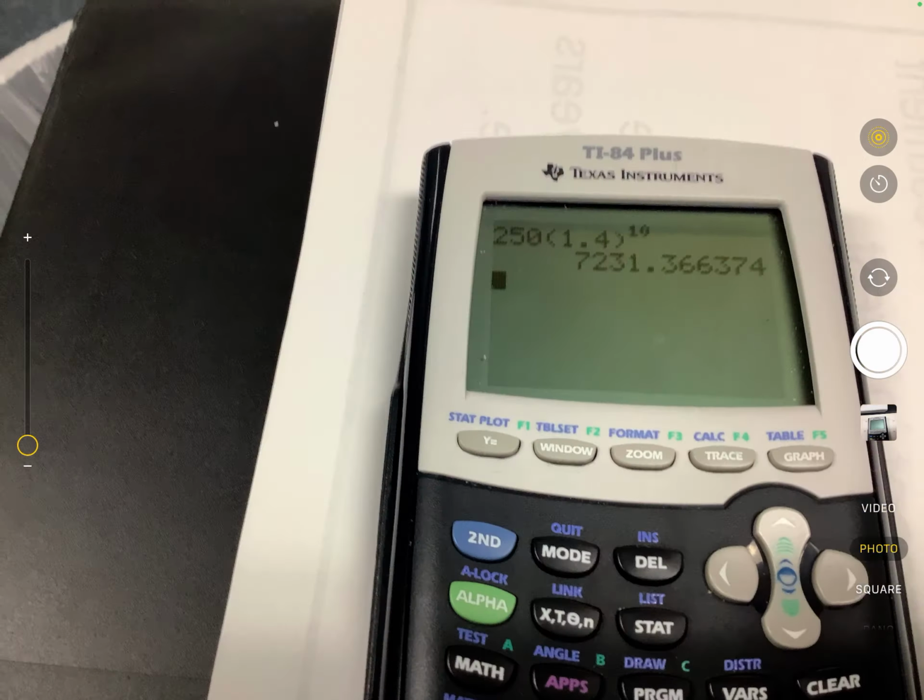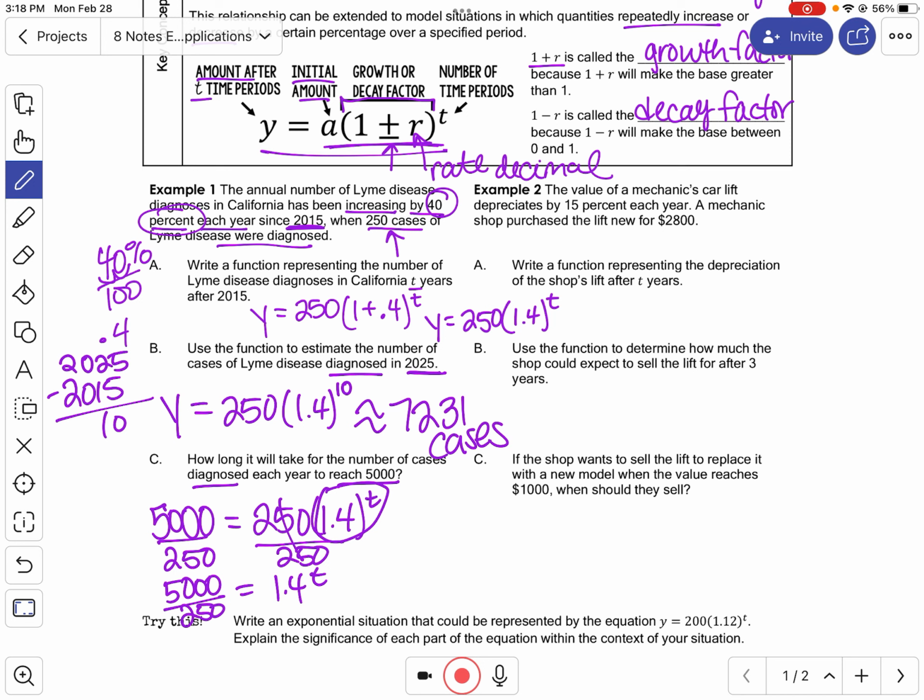Okay, so that equals 1.4 to the t. So remember we've talked about several ways of solving an exponential. I think the easiest way here would be to take the log of my exponential, with the same base, so we can use inverse properties to cancel it out. So what I'm going to do is take the log base 1.4 of 1.4 to the t on the right side, and then I have to do the same thing on the other side.